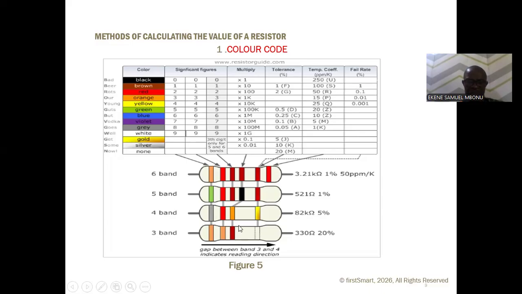What it means is that, for example, this color I'm pointing to is orange. So that's 3. Orange, another 3. Then, which color is this?